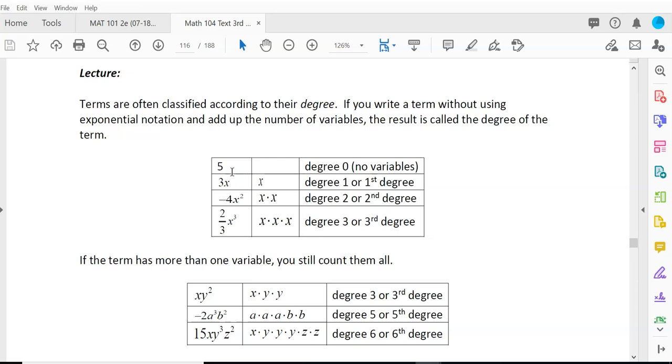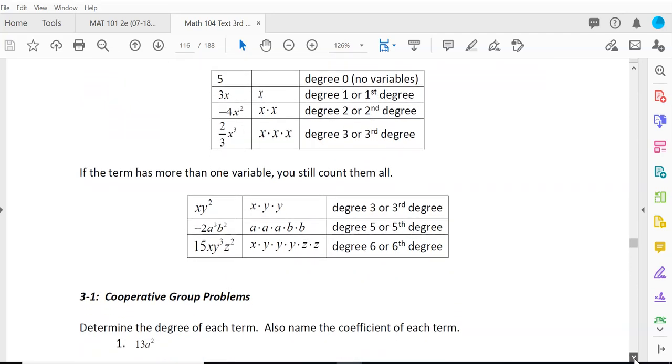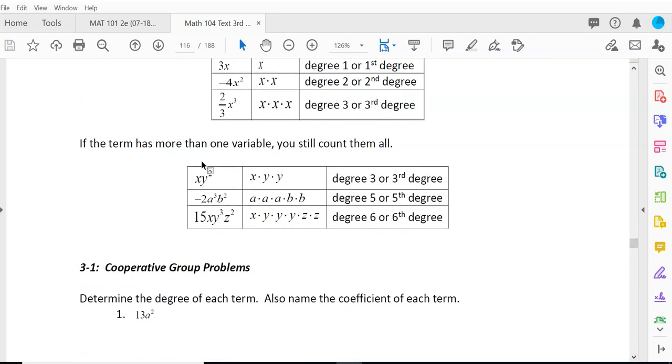Now, these are the types of terms that we're going to be looking at for the most part going forward, but we do need to discuss really quickly, what if our terms have multiple variables in them? If our terms have multiple variables in them, like x times y squared, then that means x is multiplied, but then also y is multiplied twice.